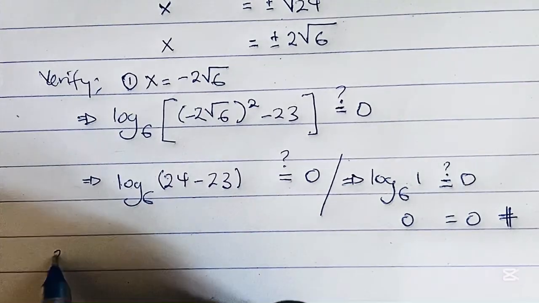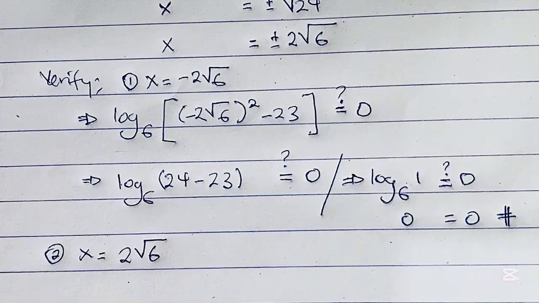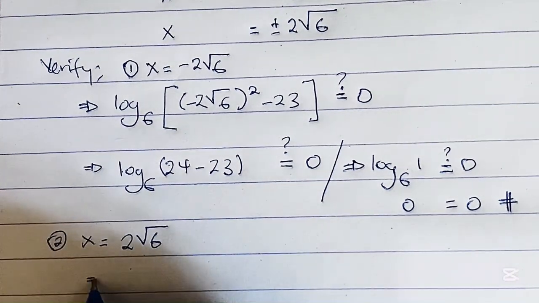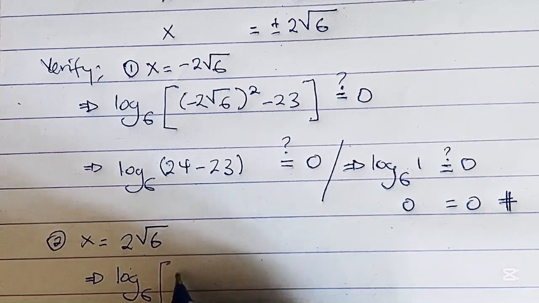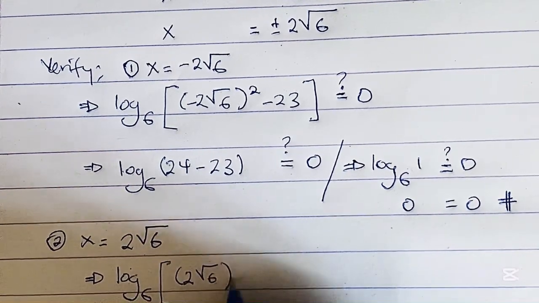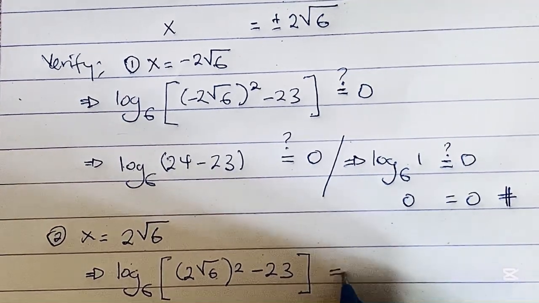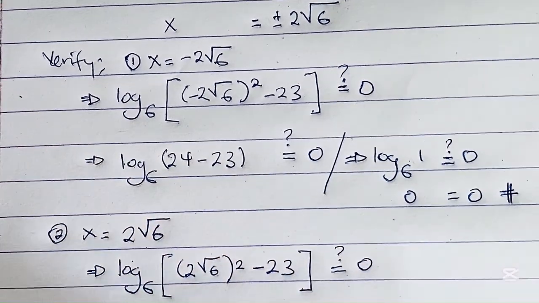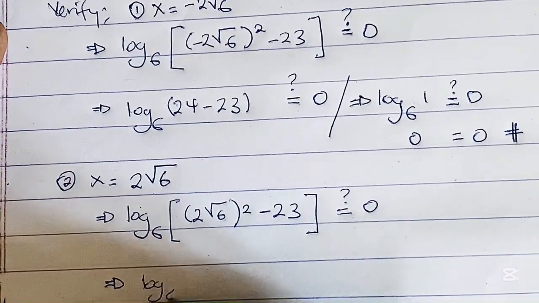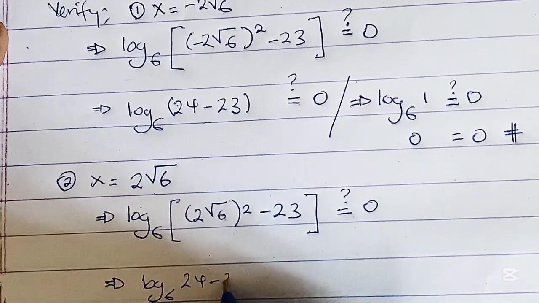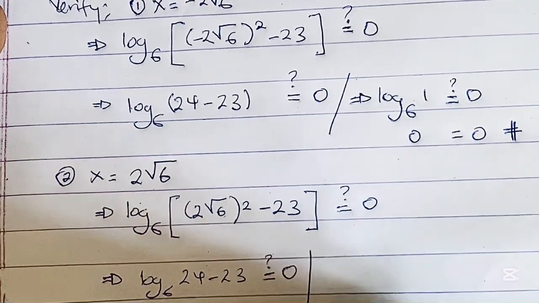Then our second value, we had x is equal to 2 root of 6. So from the question we have log 6 of 2 root of 6 squared minus 23 should be equal to 0. So this is the same as log 6 of 24 minus 23 should be equal to 0.